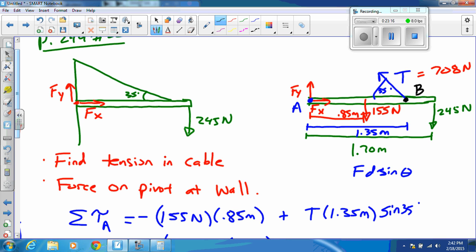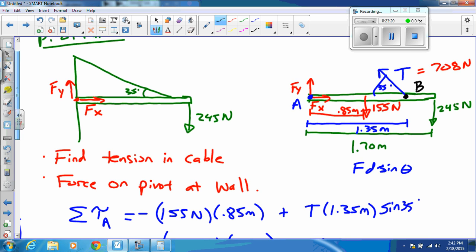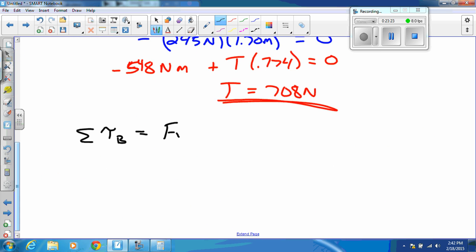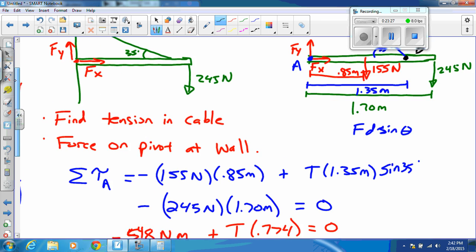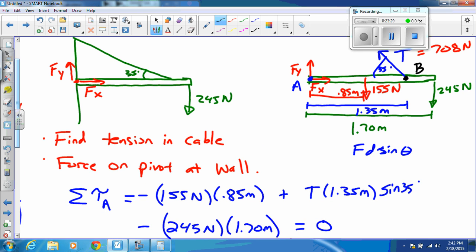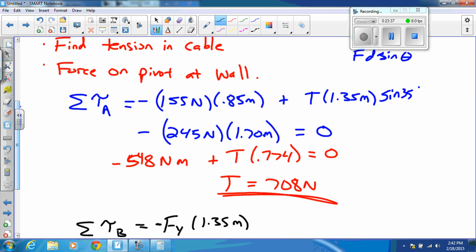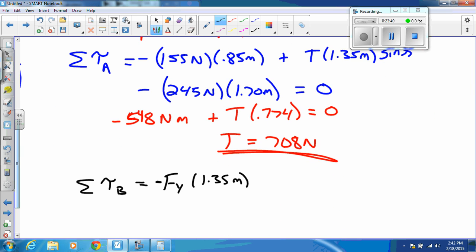Force Fy is at what distance from B? 1.35. And it is at a 90-degree angle, so it's times the sine of 90, which is invisible. And it is a clockwise rotation around point B, so we give that a negative sign, just like that.